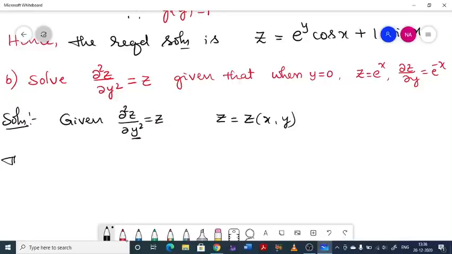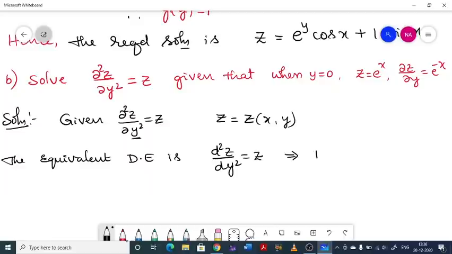The equivalent differential equation is d square z by dy square equal to z. So this I can write as D square z equal to z, where D stands for d by dy.